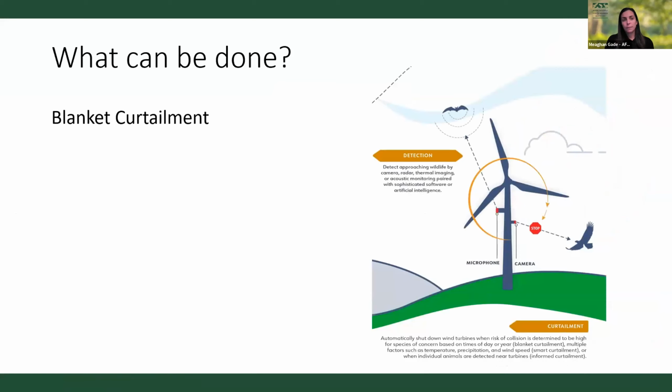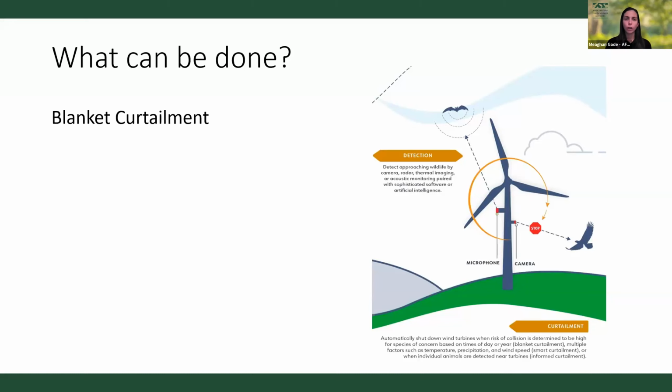Another thing that's done is what's called blanket curtailment. What curtailment means in the sense of wind facilities is turning the wind turbine off. If we curtail it, we turn it off, then the bats cannot get hit by the turning of the blade. What we know about bats is that the majority of strikes happen at lower wind speeds. Below 6 meters per second, that's when we see most of the bat fatalities happening.